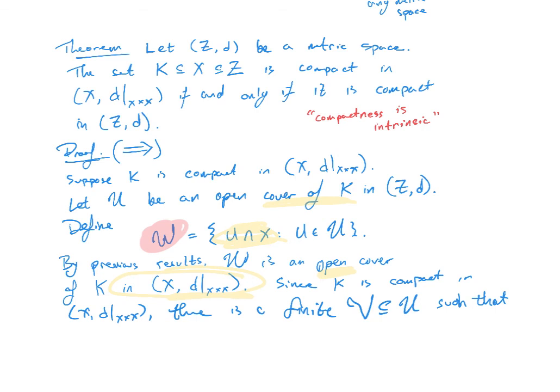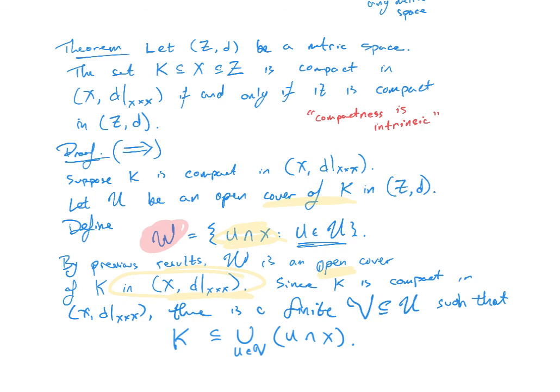So I want to think about the subset of U that I'm taking, and then I'll intersect it with X. So let me write this. Daniel was saying I should take my finite subcover from W. But I did.